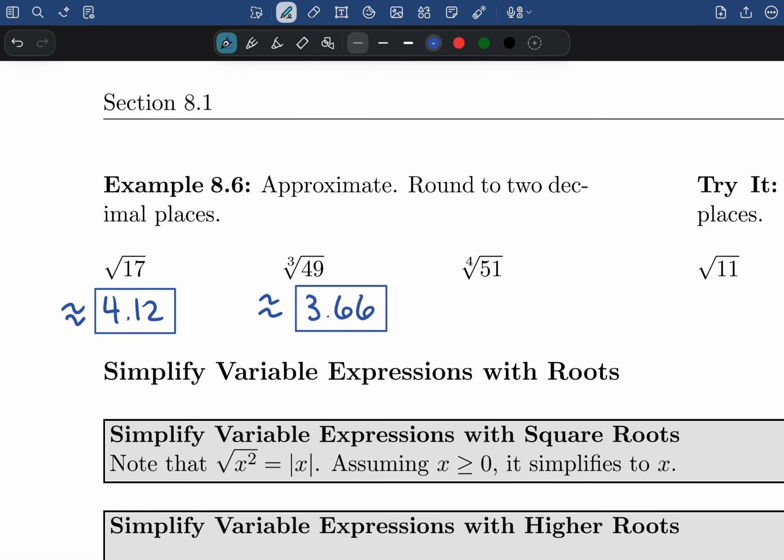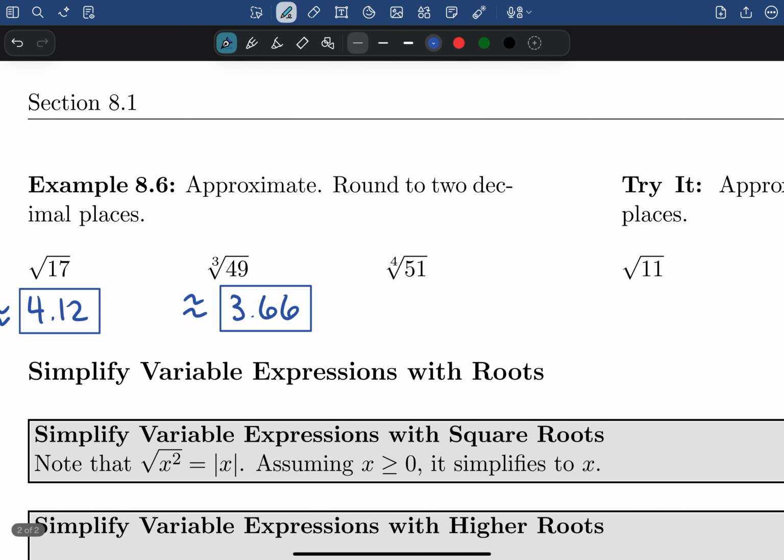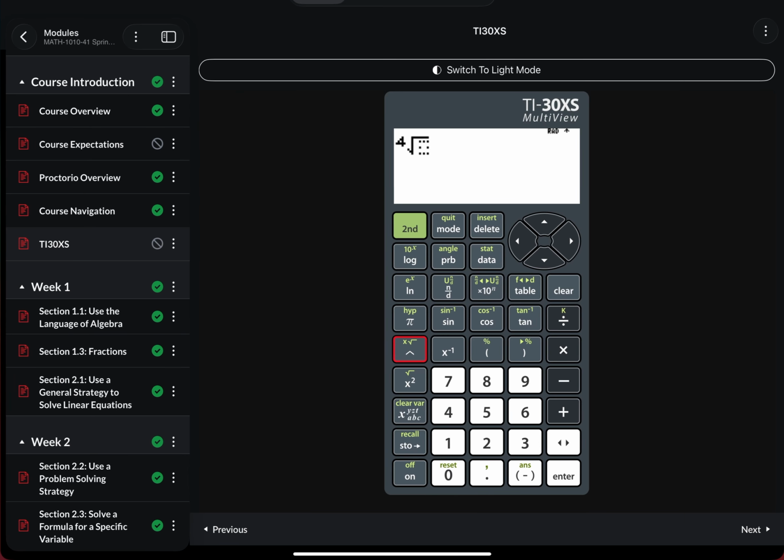And the fourth root of 51. So let's reset. I know I'm going to have a fourth root, so I put the index value, 4. I click the second button, and then I click the X root button. Now that's the fourth root of 51. So I'm putting 51 under the fourth root, and I get 2.67.